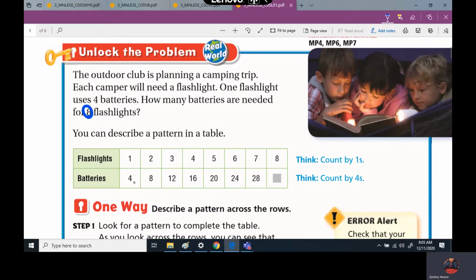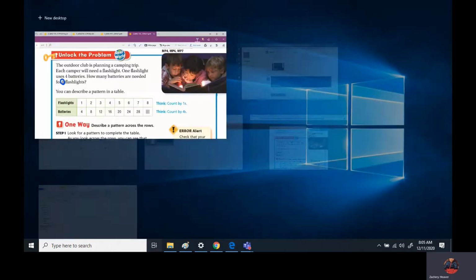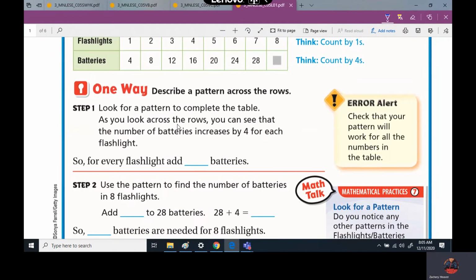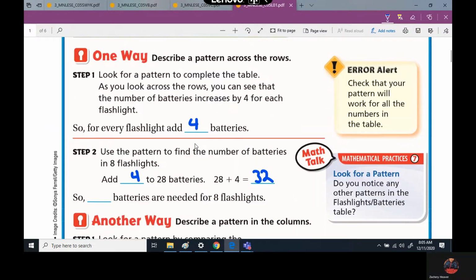So 1, 4, 2, 8, 3, 12, 4, 16. These are counting up by ones. And these are skip counting fours. So 4, 8, 12, 16, 20, 24, 28. Add 4 to 28. We'll see what we get. So for every flashlight, we have to add 4 batteries. 28 plus 4 makes 32.